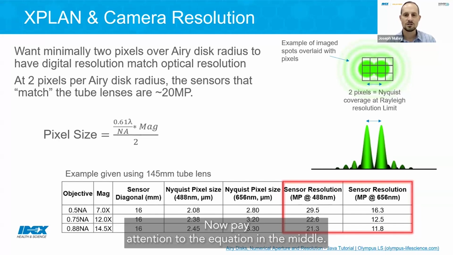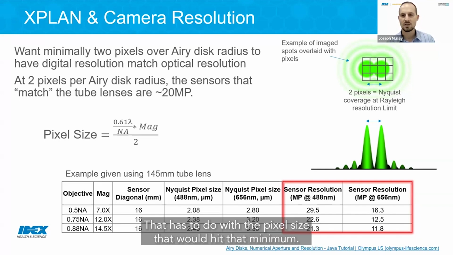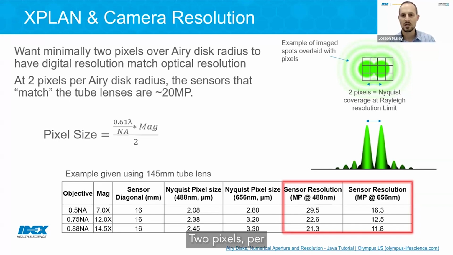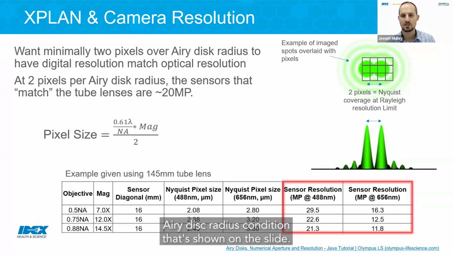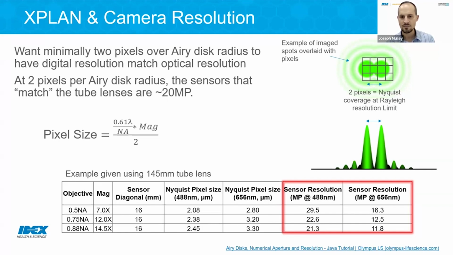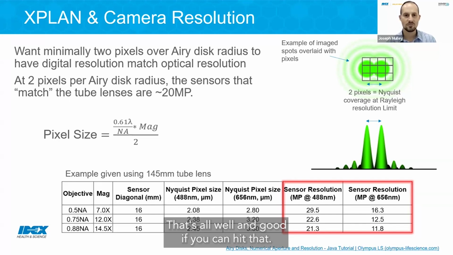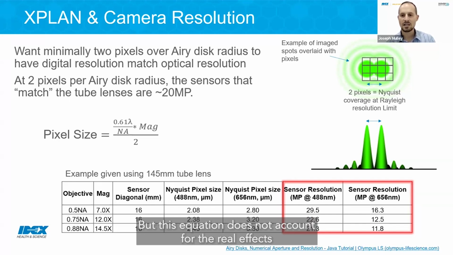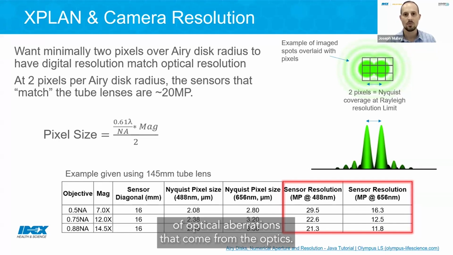Now, pay attention to the equation in the middle. That has to do with the pixel size that would hit that minimum 2 pixels per airy disk radius condition that's shown on the slide. That's all well and good if you can hit that. But this equation does not account for the real effects of optical aberrations that come from the optics.